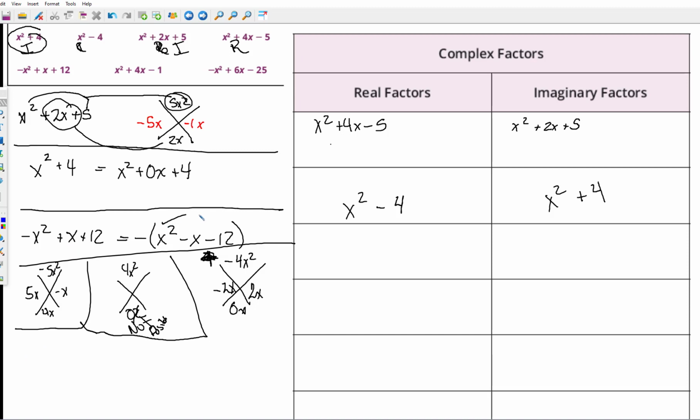And so we have x squared times negative 12 is a negative 12x squared, and then the negative x goes down here. What two things multiply to give me negative 12 that are 1 apart? We need one of them to be negative: negative 4, positive 3.